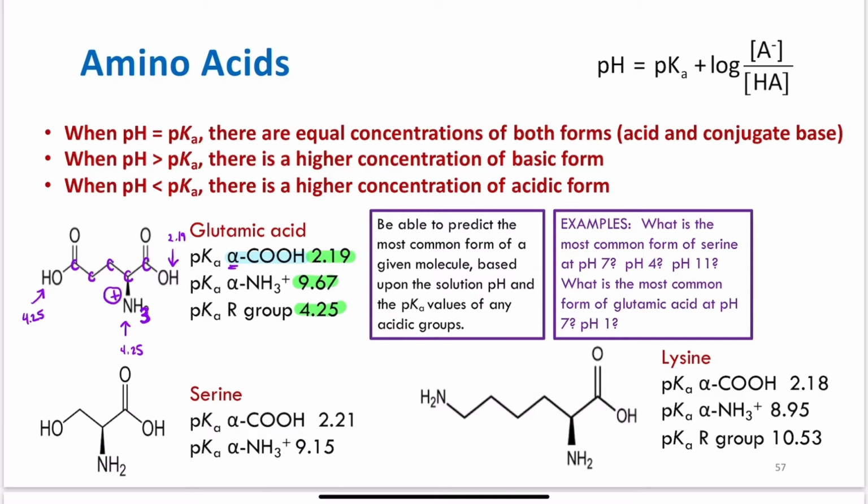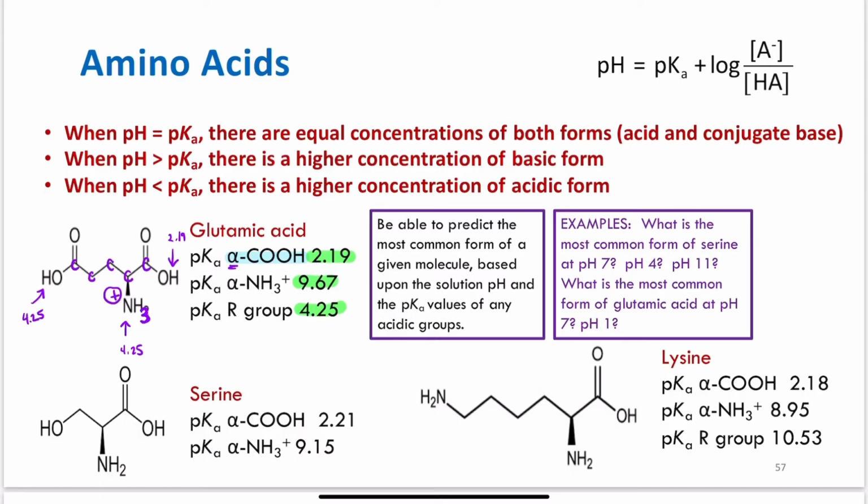In the simple structure, the main structure of it, we're not going to write it as NH3 plus. But if there's a lot of protons floating around, it will pick one up. It wants that proton because it is a weak base. So although we don't write it that way, you have to recognize that that is going to pick up a proton.